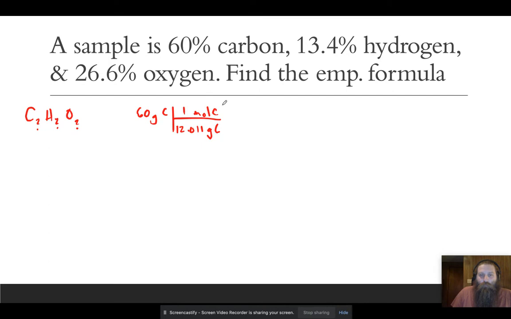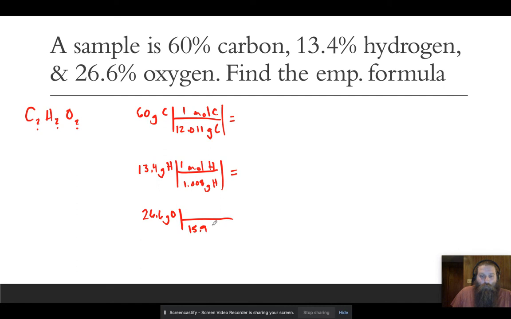I get that off the periodic table. Do the same thing for hydrogen, 13.4 grams of hydrogen. 1.008 grams of hydrogen is equal to 1 mole of hydrogen. That's just the molar mass, right? And we need to do oxygen, 26.6 grams of O.